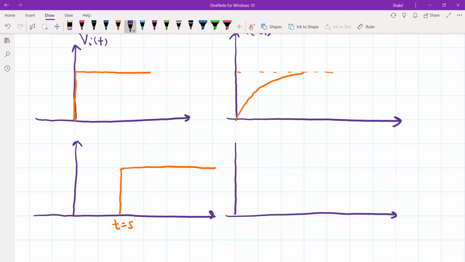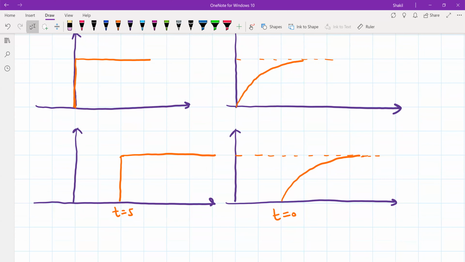If we neglect the effect of temperature and other environmental conditions, we can see the output will remain the same. The output for this input will remain identical, as it was when we applied the same input at t equal to 0. So the capacitor will again start charging, and how much time it will take to reach the maximum value depends upon the RC time constant.